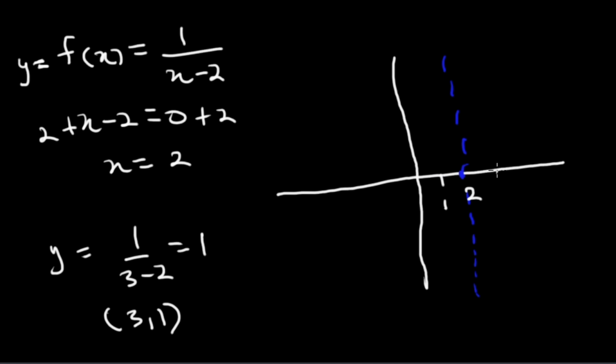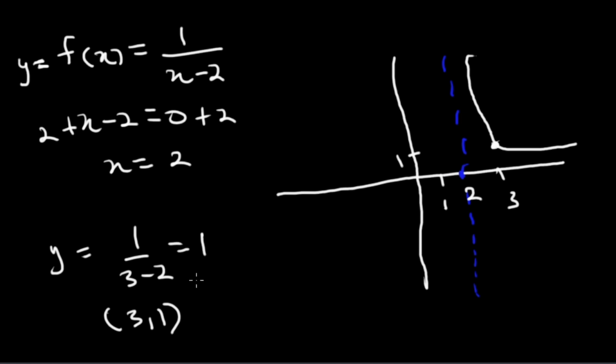So when x is equal to 3, right, y is equal to 1. So we obtain this point. So we can clearly tell that the curve goes this way, passes through this point, and curves to the right, right?